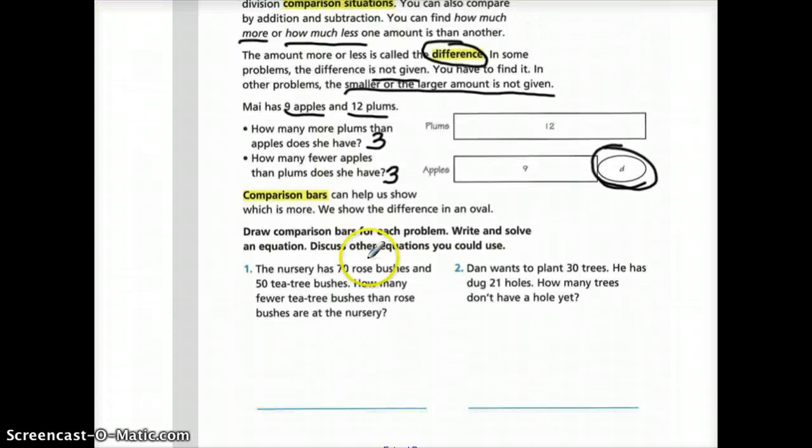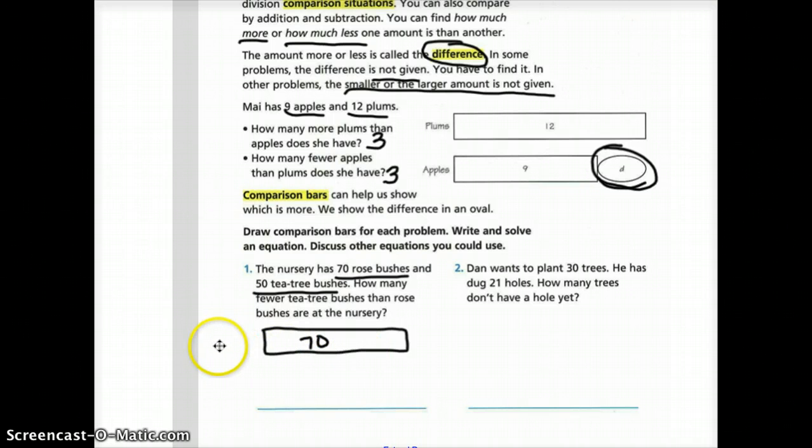On number 2, we're going to practice drawing our comparison bars. Okay, so the nursery has 70 rose bushes and 50 tea tree bushes. How many fewer tea tree bushes than rose bushes are at the nursery? So which is the larger number, 70 or 50? I know that 70 is bigger, so I'm going to draw 70 as my long bar.